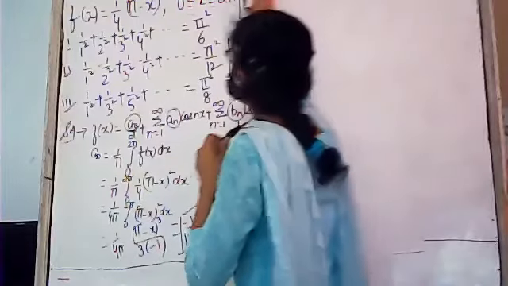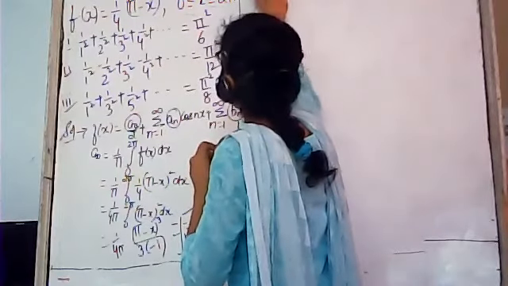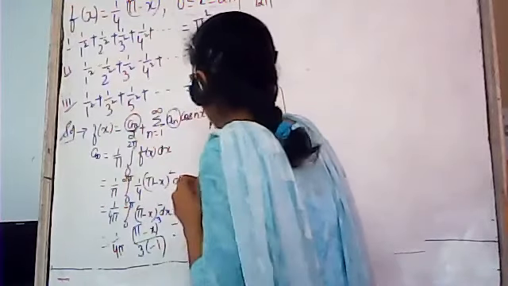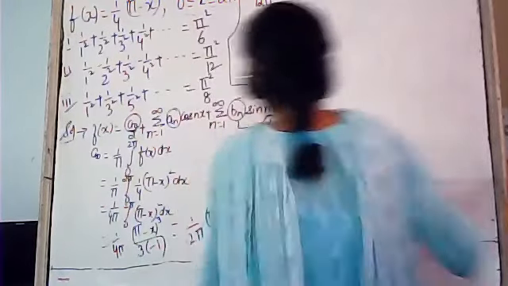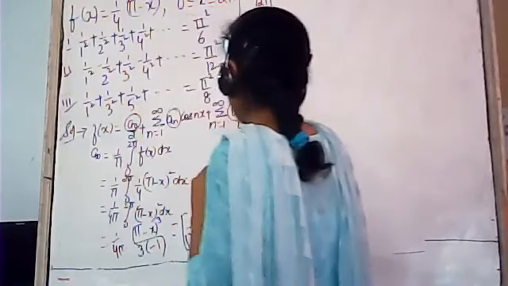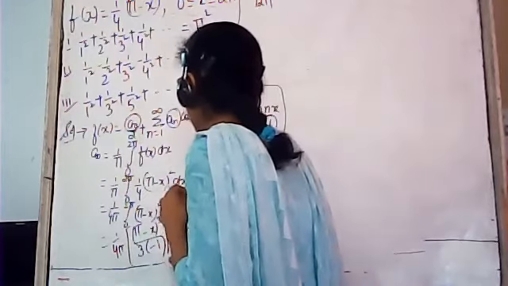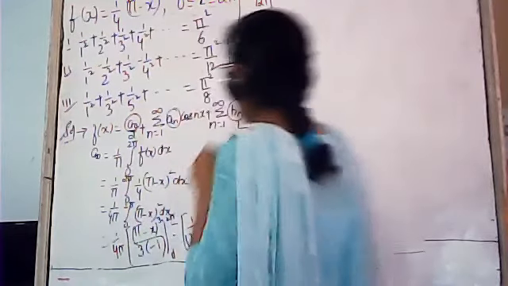This is equal to minus 1 upon 12 pi into (pi minus x) the whole cube, and the limits of integration are from 0 to 2 pi.